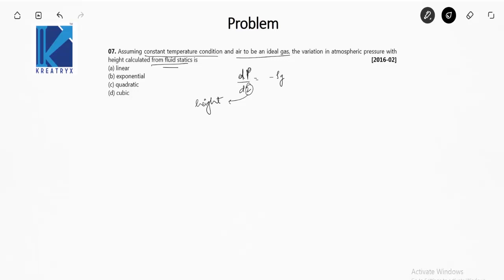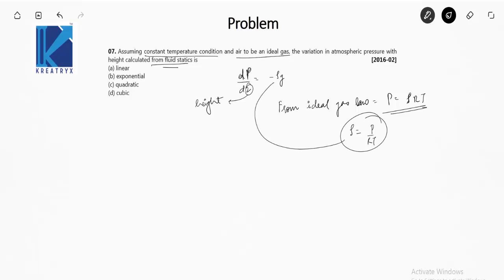From the ideal gas law, P is equal to rho RT, so rho is equal to P by RT. Put this value here.